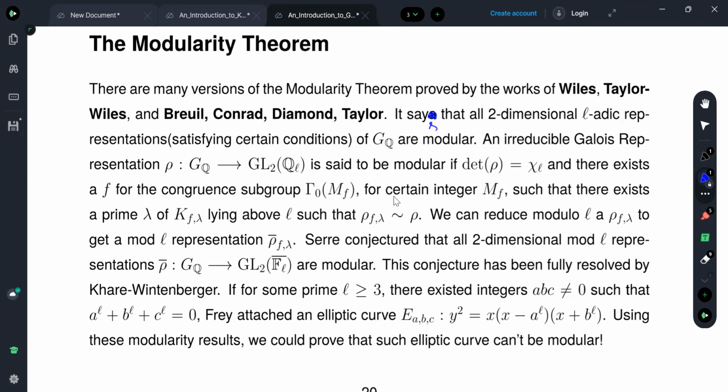Now we can reduce the representation modulo L and get a mod L representation. So Serre's conjecture was that all two-dimensional mod L representations which are irreducible and odd are modular, and this was finally proved by Khare and Wintenberger. We know that.